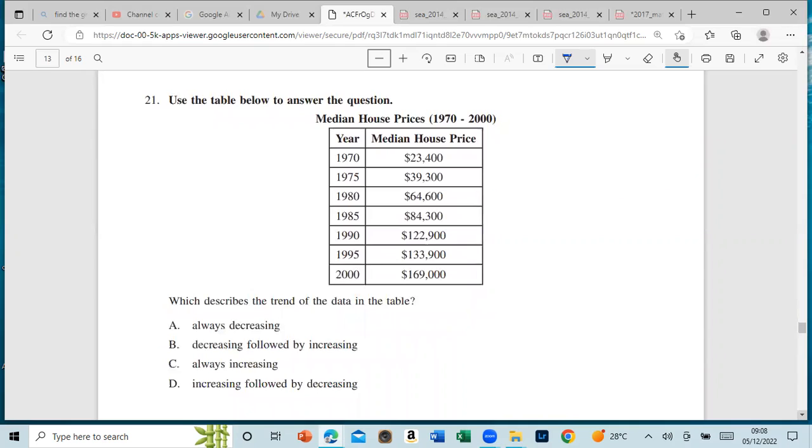It's consistently increasing, yeah. So that would be C. Alright, let's move on.